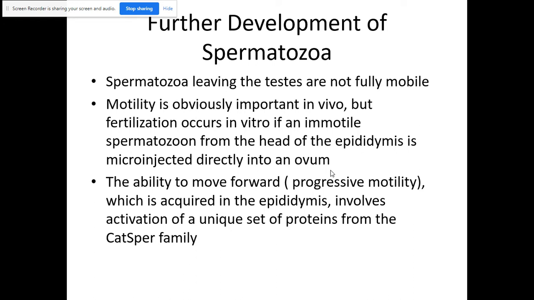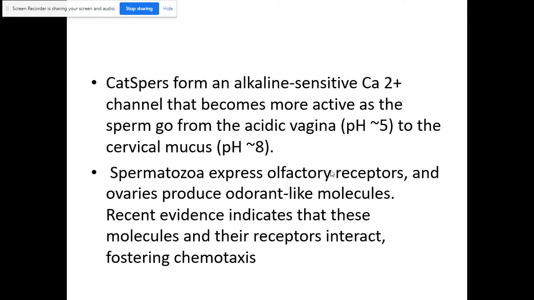Remember that this is CatSper. CatSper forms an alkaline-sensitive calcium channel that becomes more active as the sperm go from the acidic vagina, which has a pH of 5, to the cervical mucus, which has a pH of 8.